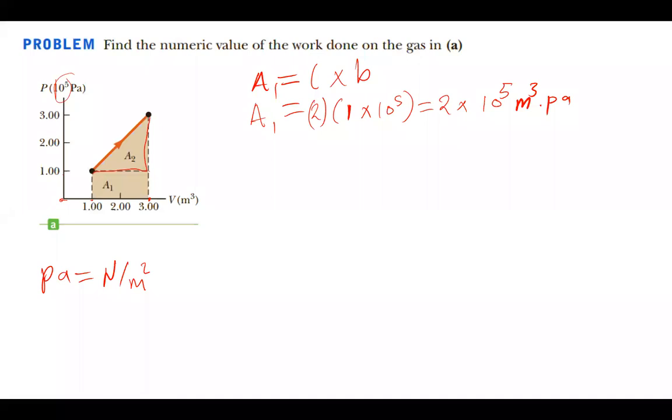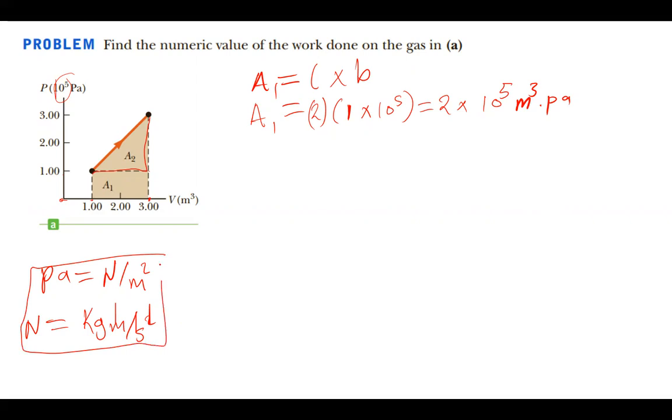And then a Newton is kg meters per second squared. Anyway, let us not go this far. Let us just keep this. If you want, we can replace a Pascal there so that we get rid of the m squared, but even this is okay. This can also be written as a joule, so this one is a joule, in other words.